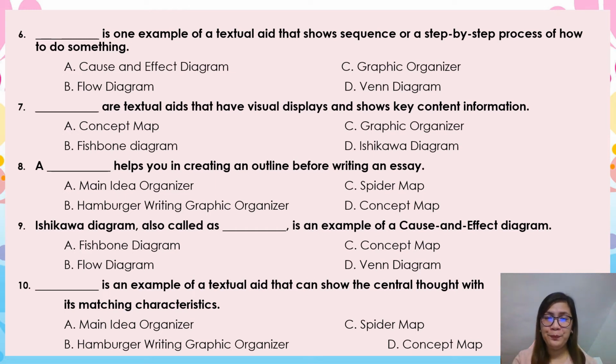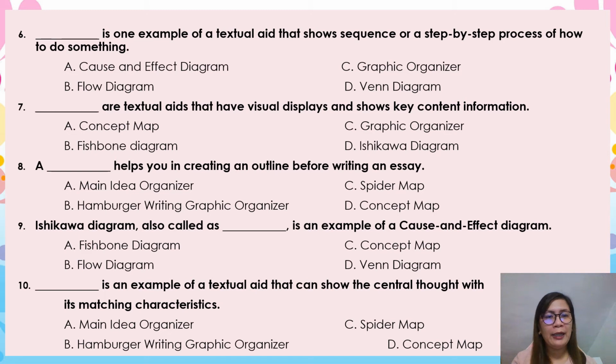Write your answer. Alright, number 7. Blank are textual aids that have visual displays and show key content information. Is it A. Concept map, B. Fishbone diagram, C. Graphic organizer, or D. Ishikawa diagram?